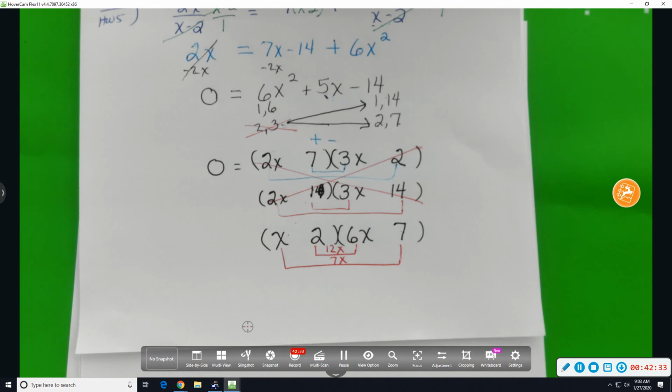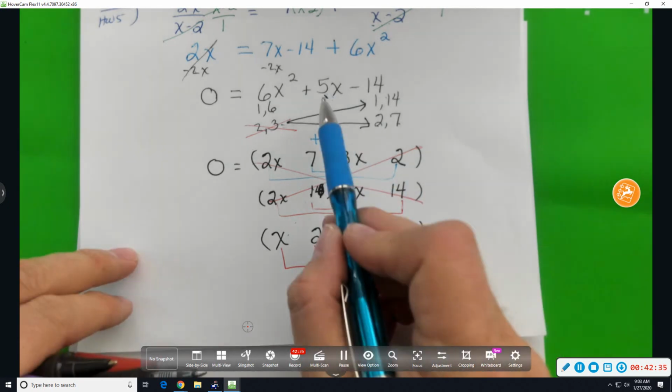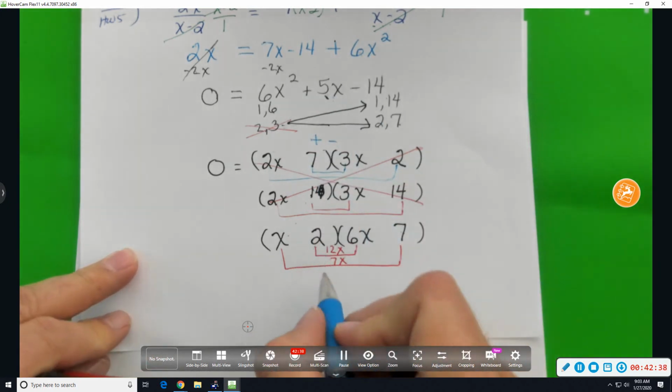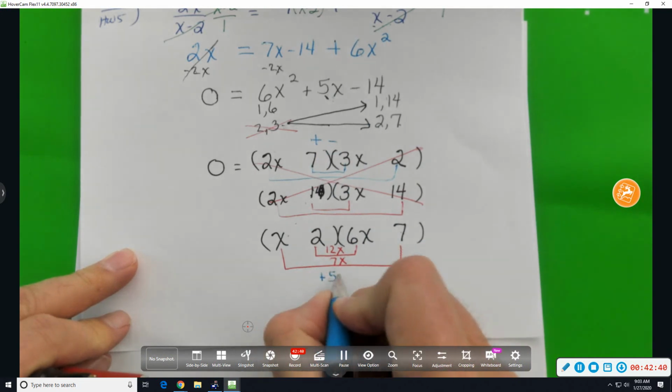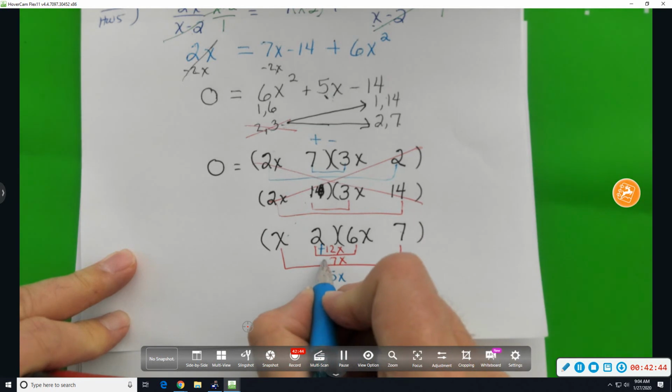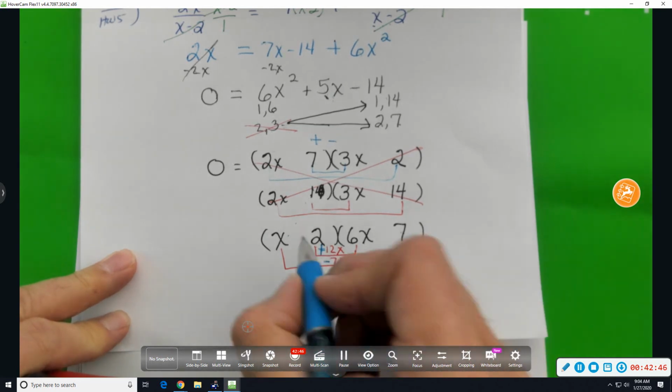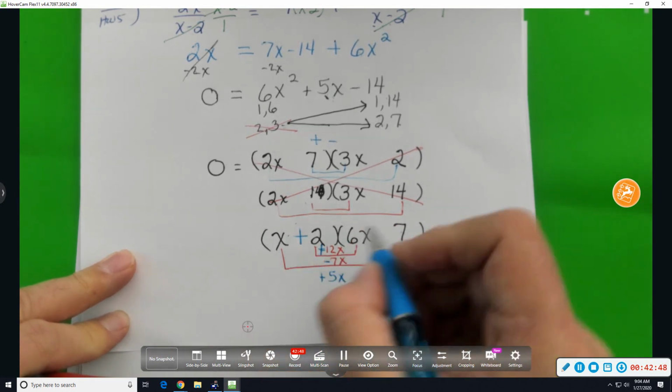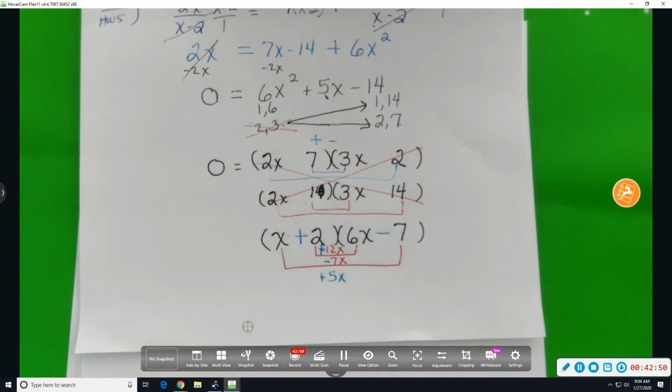If I want a positive 5x for the middle term, the 12 would need to have the plus, so the 7 would be minus. Which would put the plus here, the minus there.